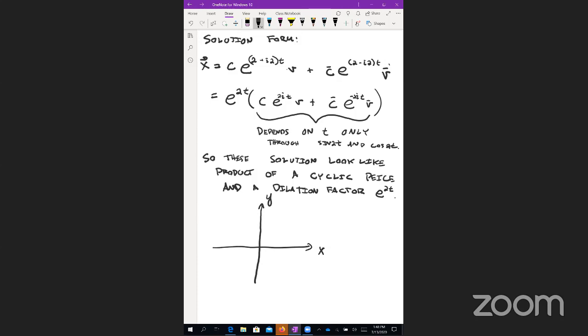But basically you have things going around cyclically, and then you're spiraling outwards because we're dilating the entire function by e to the 2t.